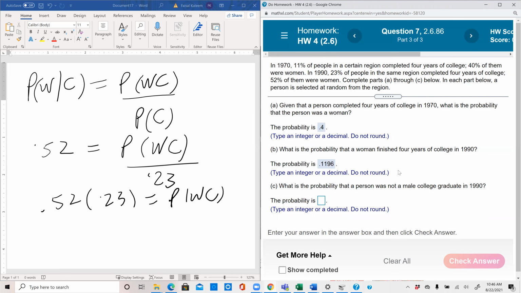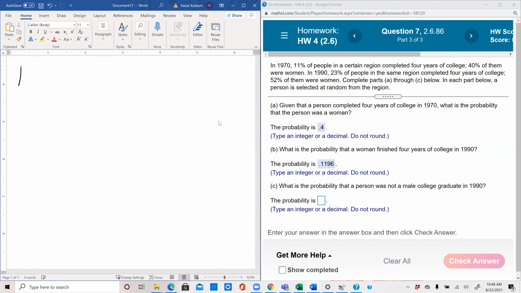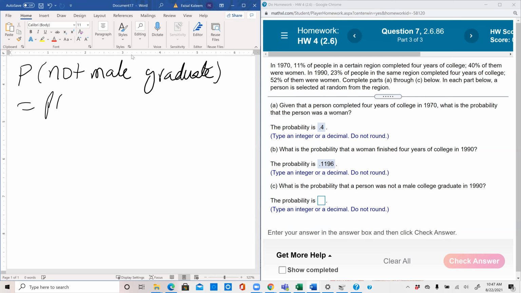What's the probability that a person was not a male college graduate in 1990? Not being a male graduate can happen in two ways. One is that you're not a graduate at all.